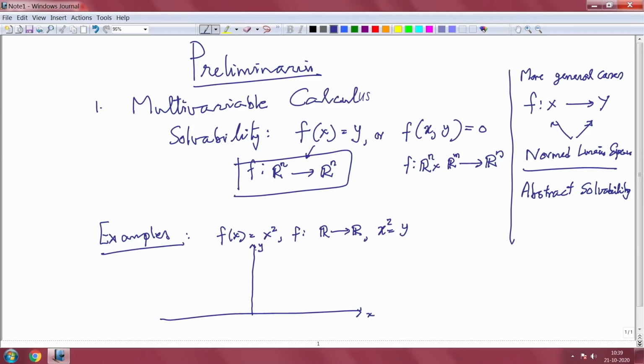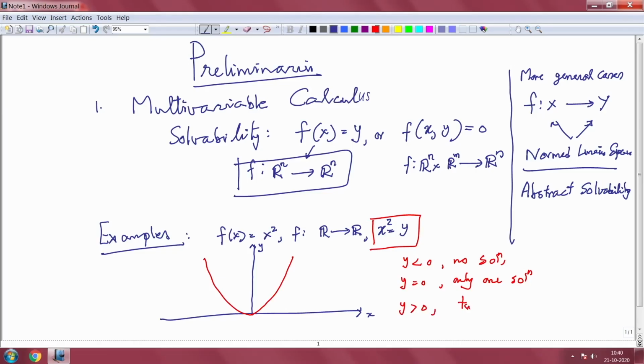So, let us draw, this is familiar to you. Let me draw my parabola. So, this is your parabola, and when you try to solve this equation, which is very familiar to you, you know that there are 3 cases: y less than 0, no solution; y equal to 0, only one solution; and y greater than 0, 2 solutions.